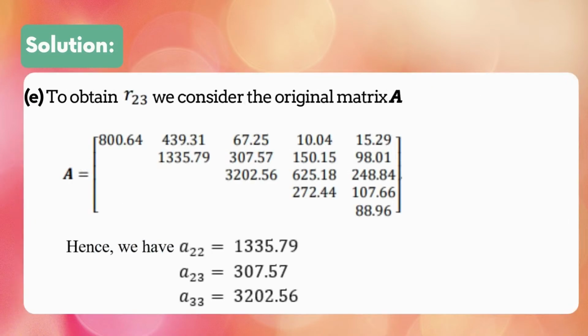To obtain r23, we consider the original matrix A. Hence, we have A22 equals 1,335.79, A23 equals 307.57, and A33 equals 3,202.56.